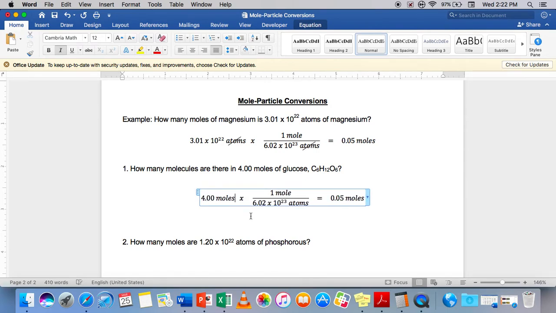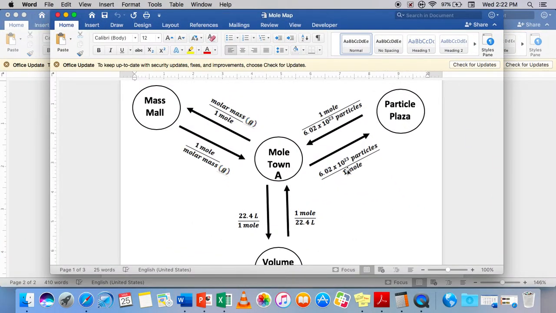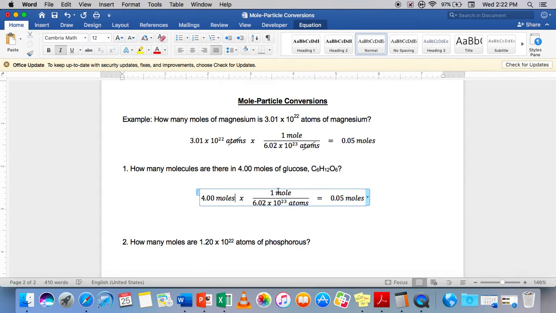Okay, that's my given. Now this is where the tricky part comes in. Okay, we have to, according to our mole map, put 6.02 times 10 to the 23rd on top and 1 mole on the bottom. Okay, well, that just means we need to rotate this.